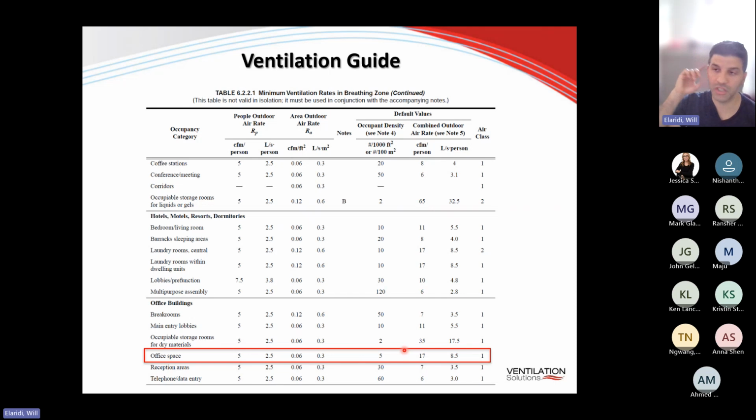So if you're a service contractor and you're looking to give some advice to the building owner on what they need to do to improve or retrofit a building they're taking care of, it's ideal to look at this table. We're more than happy to work with you on that, because I do this all the time, to help come up with the ideal fresh air requirements for a space if it does not have an air handling unit or an ERV.